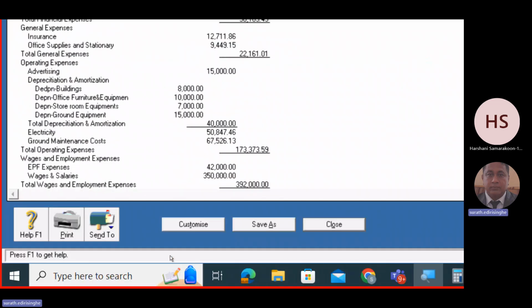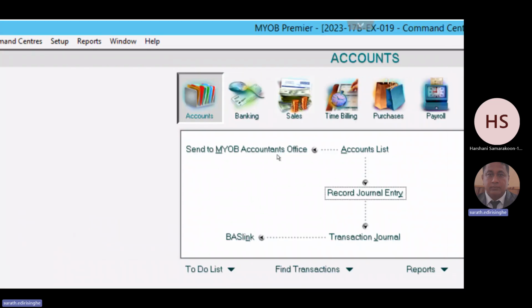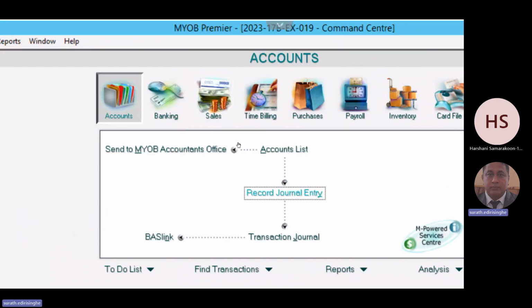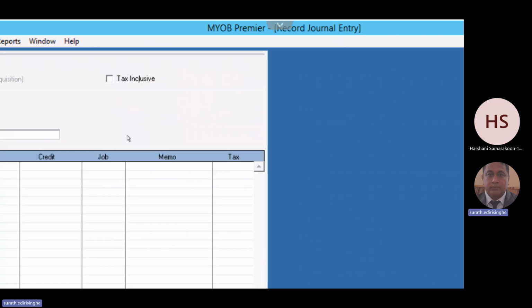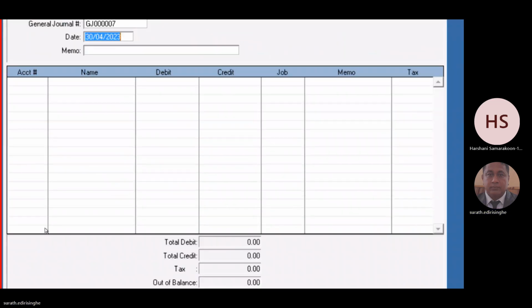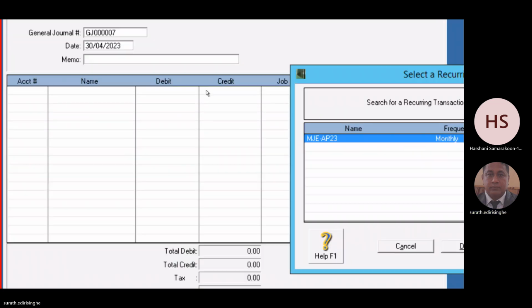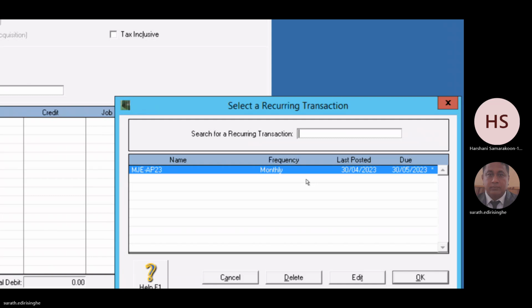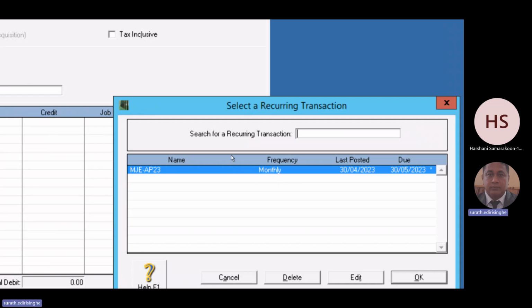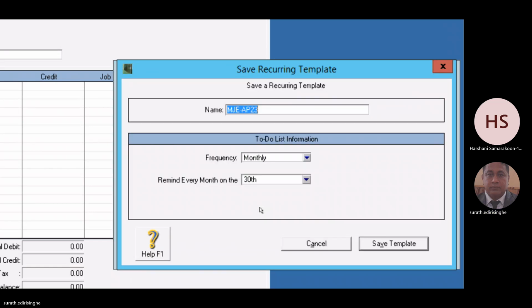Then, student, look at this application. In the application, again go to record journal entry. Click on use recurring. Now the journal entry is there. Now click on edit. Change the period, not month of April, month of May.